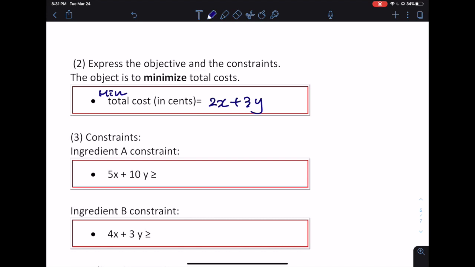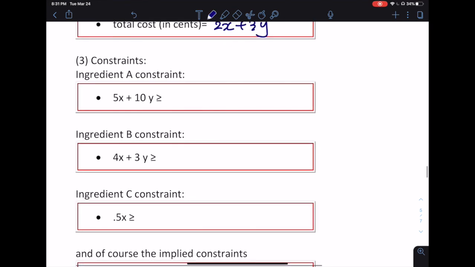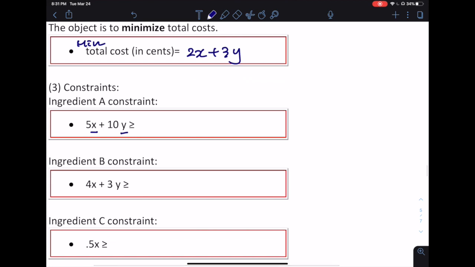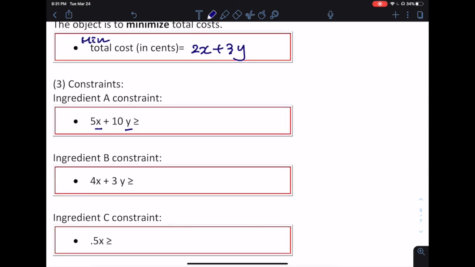Now, let's consider the constraints. First, ingredient A. If you use x pounds of the first brand and y pounds of the second brand, the total ingredient A you are feeding is 5x plus 10y.